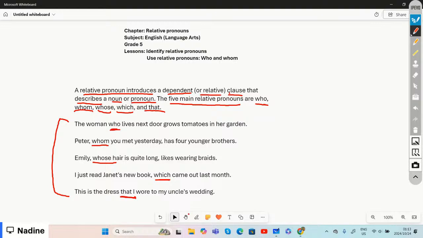All right. So keeping in mind, right? Remember we said that pronouns take the place of a noun.